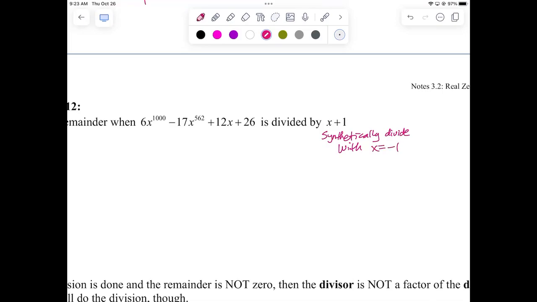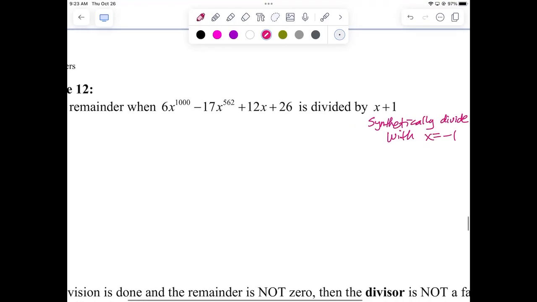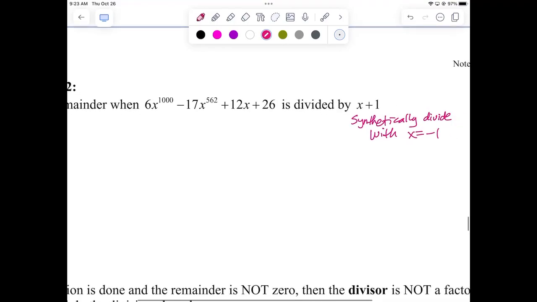Now, when I do synthetic division, as was already pointed out, I need placeholders. So I have 6x to the 1000th. I would have 0x to the 999th, 0x to the 998th, 0x to the 997th, all the way down to negative 17. Wow, I would need a lot of zeros there, wouldn't I?